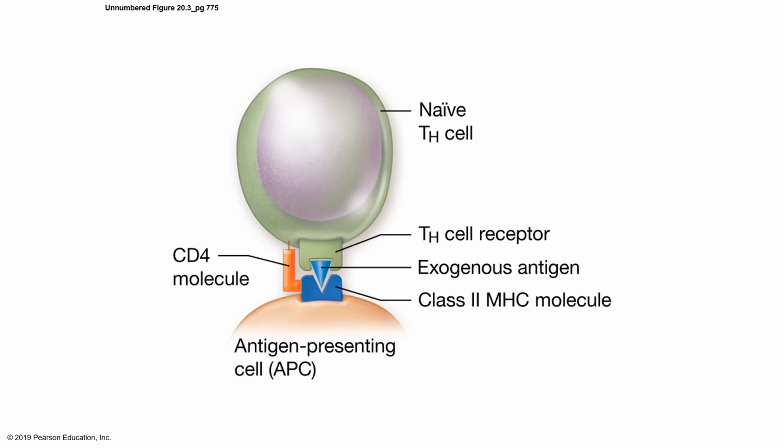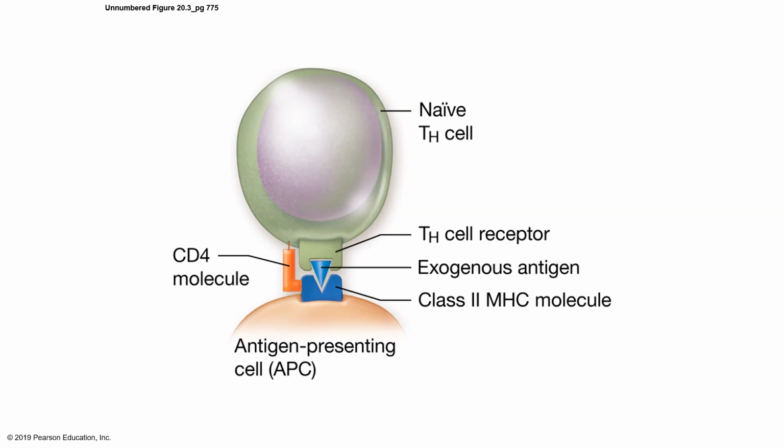This shows how this exogenous antigen, which originates from outside the cell, is then received by the T cell receptor, the helper T cell receptor. Helper T cells are also referred to as CD4 cells because they have this molecule that connects the naive helper T cell with the class 2 MHC molecule.